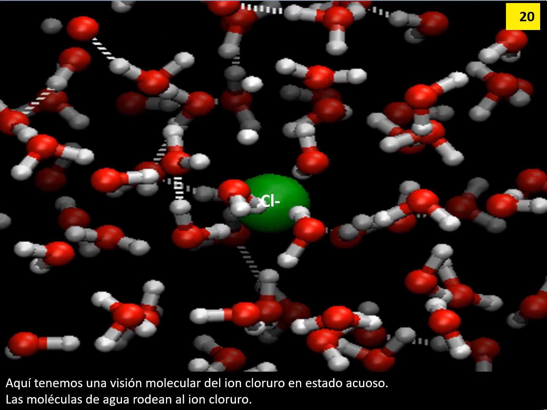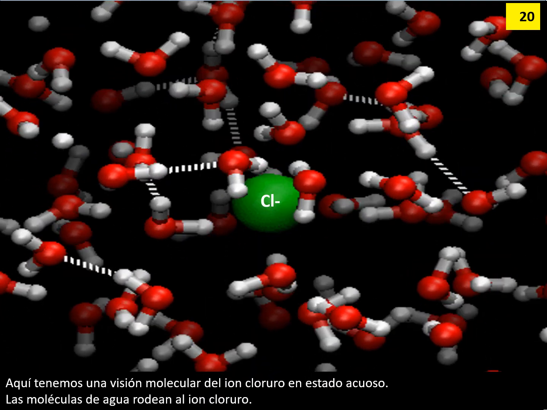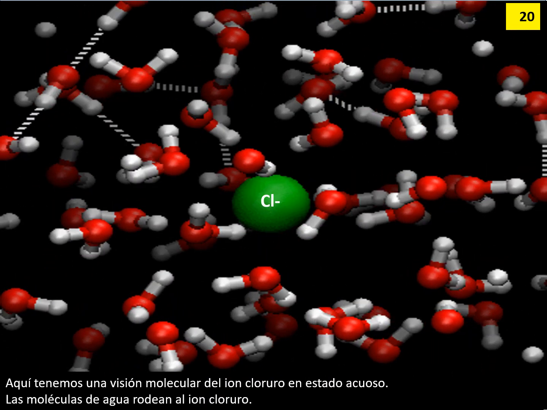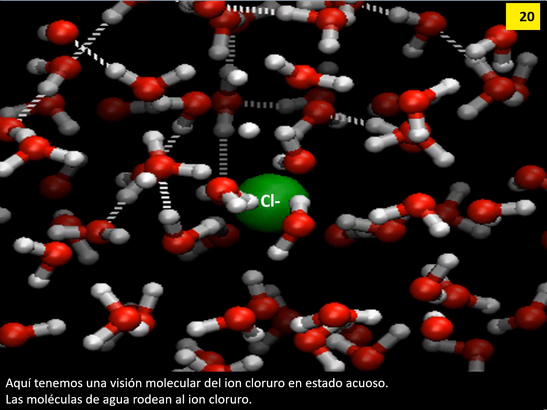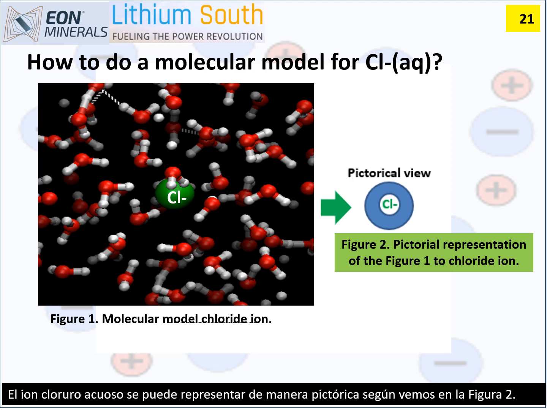Here we have a molecular view of the chloride ion in the aqueous state. The aqueous chloride ion can be represented pictorially in figure 2.